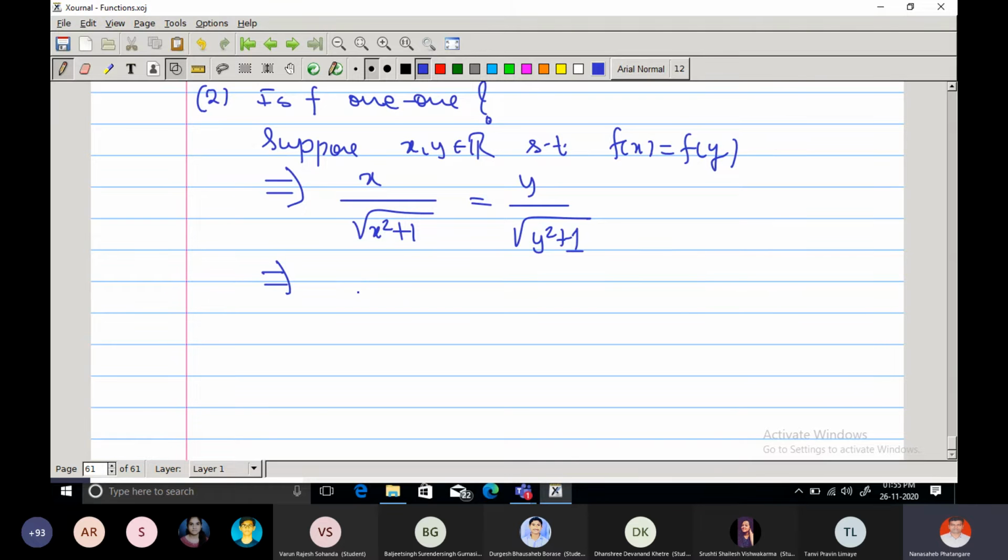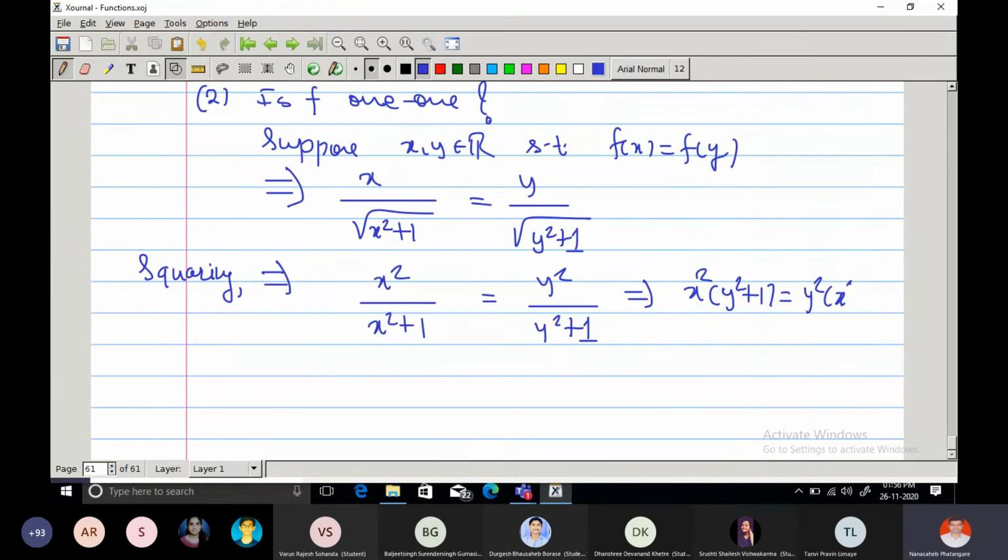Now if we square both sides, what do we get? x square upon x square plus 1 is equal to y square upon y square plus 1. Correct? That means now cross multiply: x square into (y square plus 1) is equal to y square into (x square plus 1).